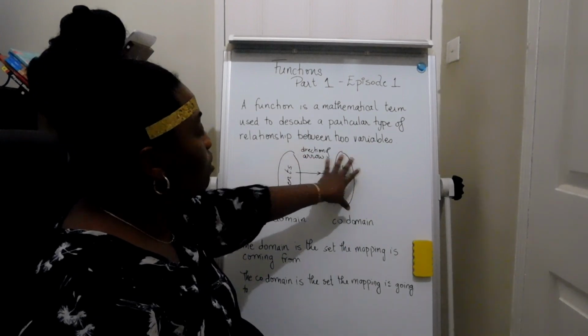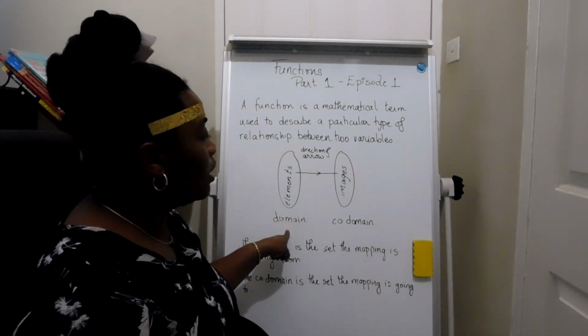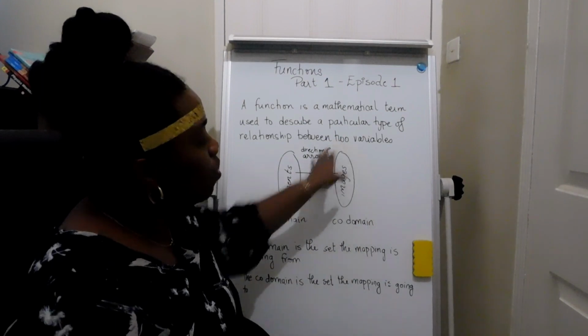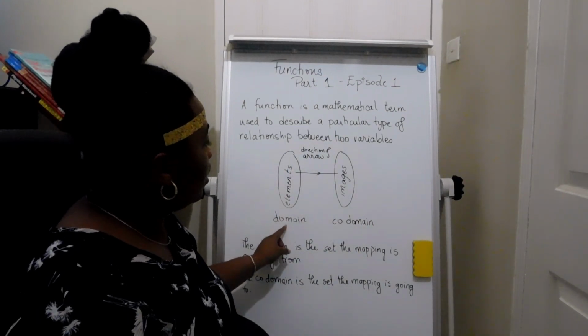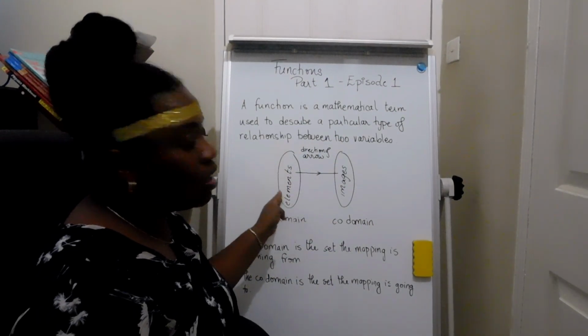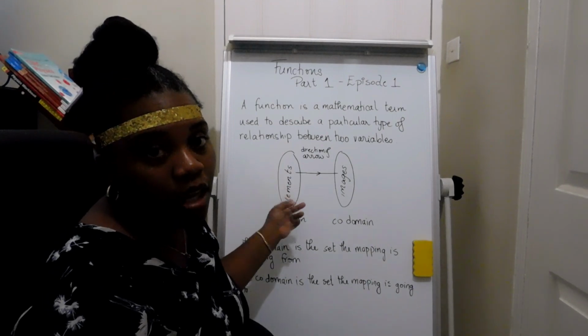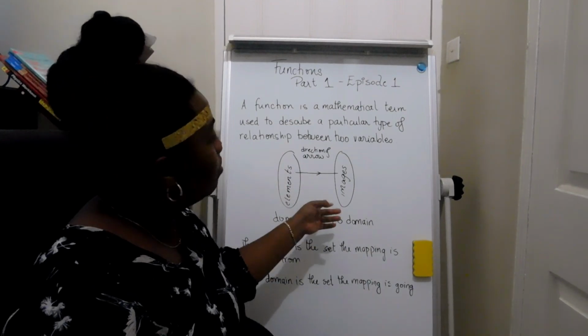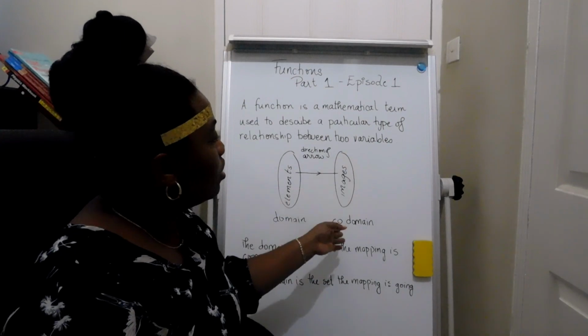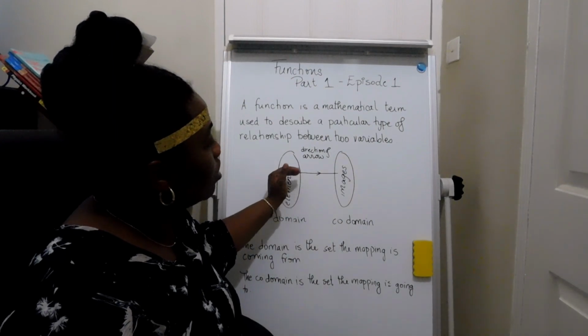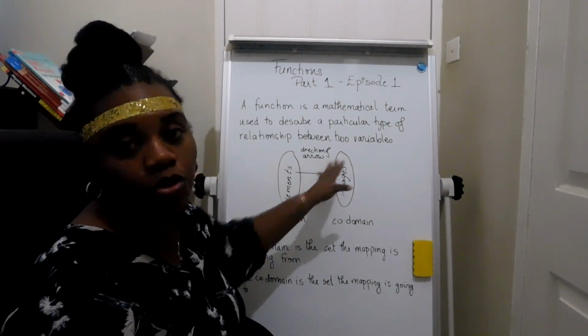They're usually represented like this. You have a domain and a codomain. You have two ovals, and in the domain section the numbers that are in here are called elements, and in the codomain section the numbers that are in here are the images, and the direction of the arrow will go from left to right.